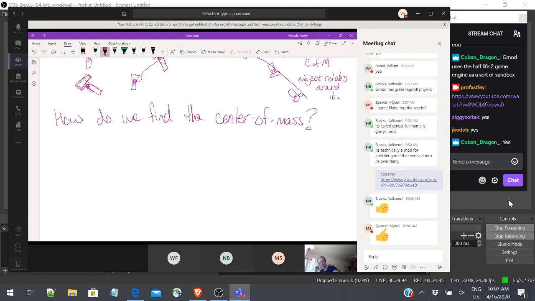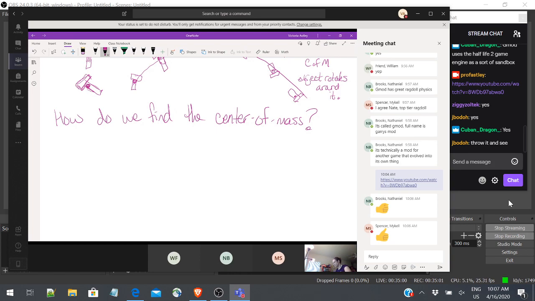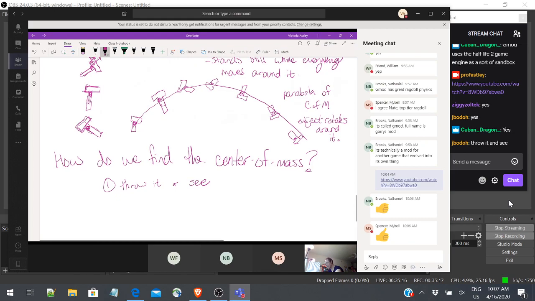If I gave you a hammer and said, put a dot on this hammer where the center of mass is, what would you do? Someone suggests throw it in C. Yep, that works. Look for the point that it's rotating around, right? That's one way to do it.